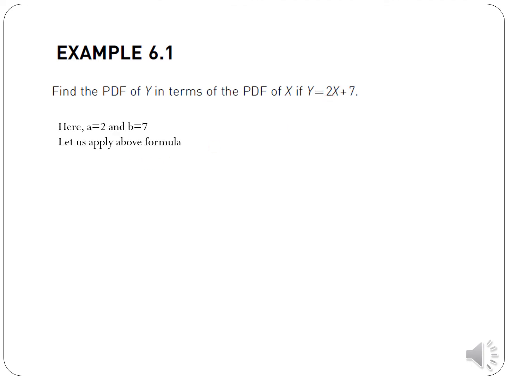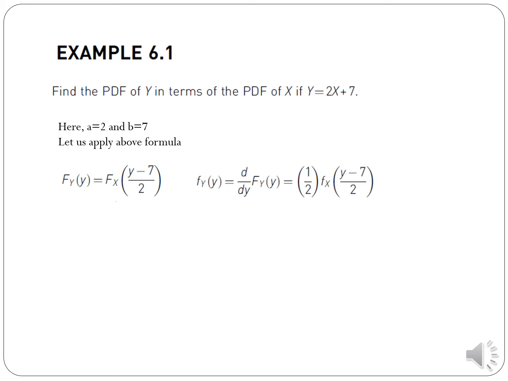If you recall the previous formula, here a equals 2 and b equals 7. So using these values we can find Fy is equal to Fx of (y minus b) divided by a, which is Fx of (y minus 7) by 2. So this is our new Fy.